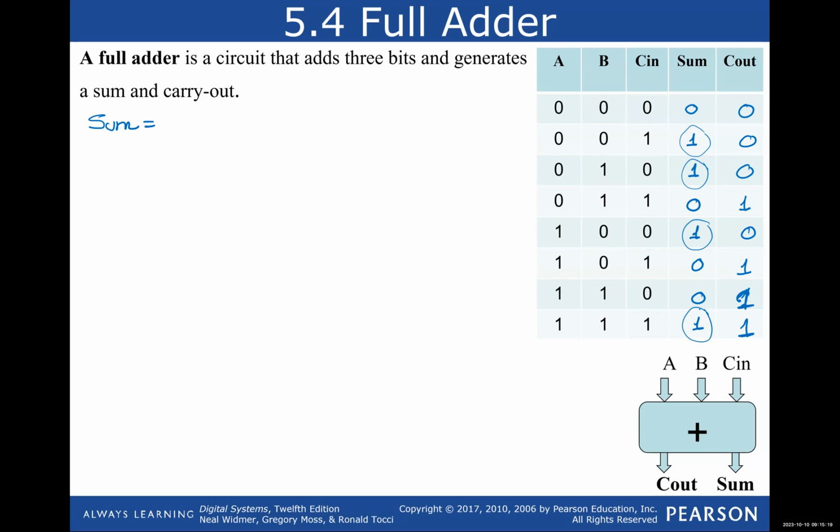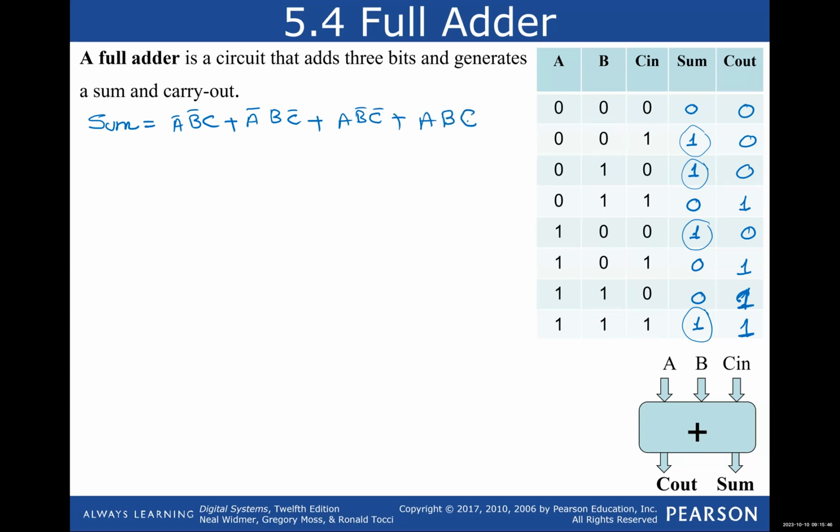Let's start with this table again. Ethan, can you tell me the first minterm? A naught, B naught, C. Good, I'm just going to say C for short. Jake or Jack? A naught, B, C naught. Good. A, B naught, C naught, Alejandro? A, B, C.